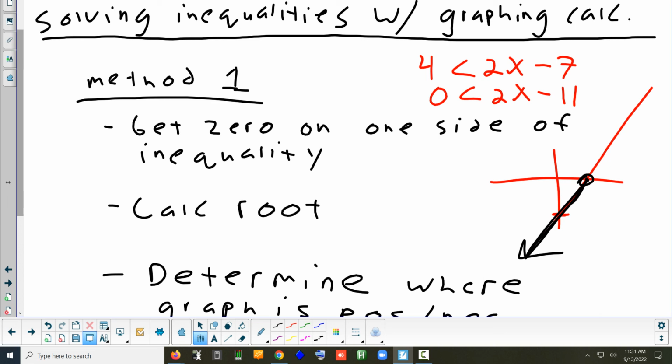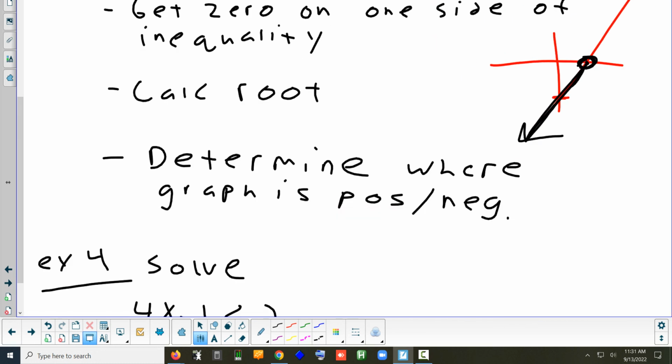If it's less than 0, you want the answers from here down. If it's greater than 0, in this case, would be from here up. So once you calculate the root, you're going to determine where it's positive or negative.